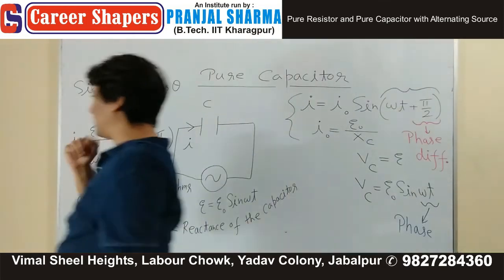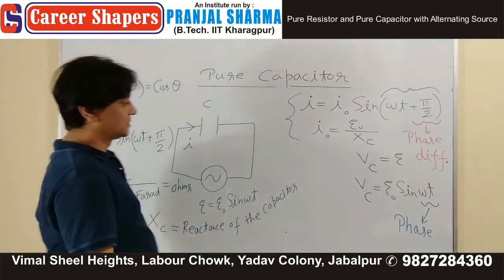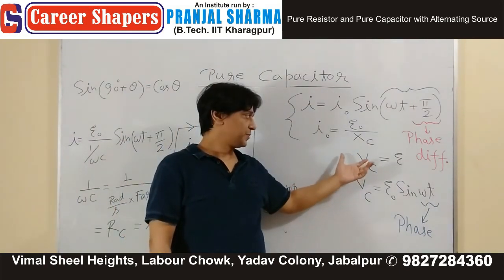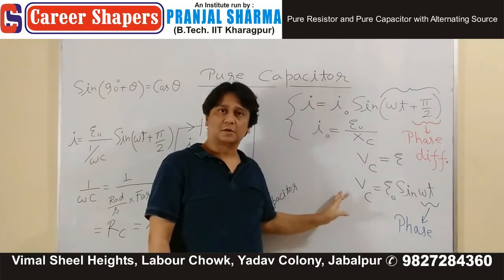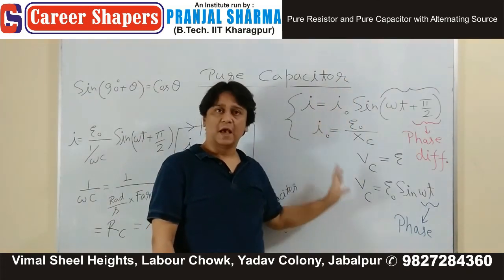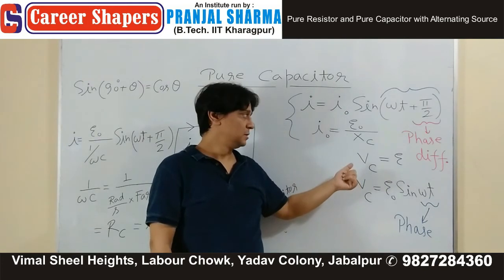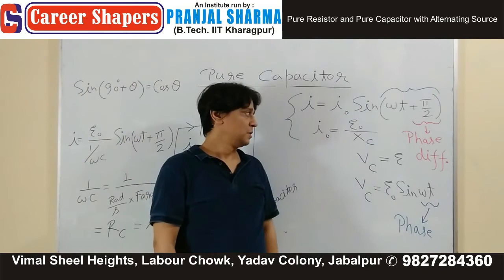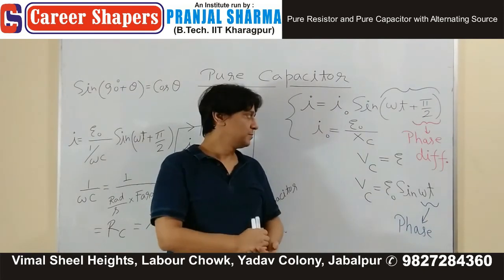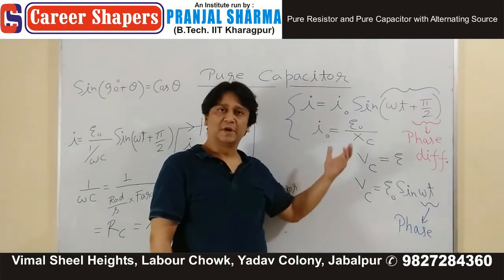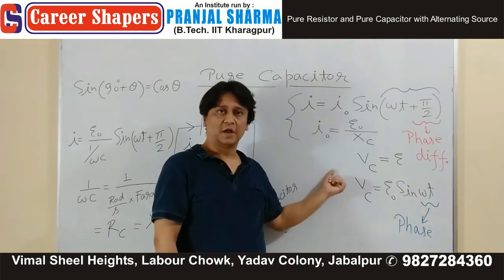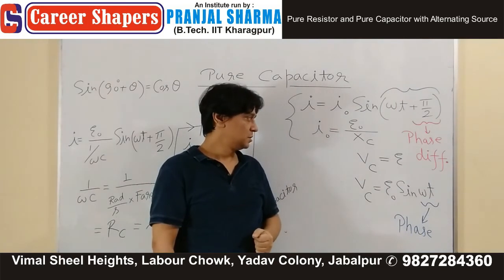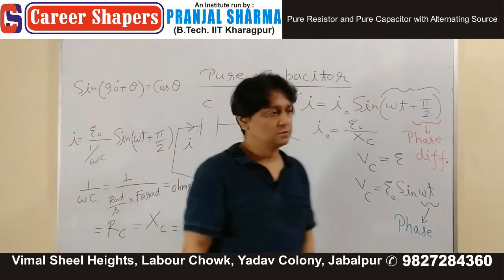So, I'm giving you 1 minute's time. The same way, plot V and I for a capacitor. Show the partitions at T by 4. After 1 minute, I will draw the whole thing. And if you have done the same, then you will write yes in the comment box. Make partitions.